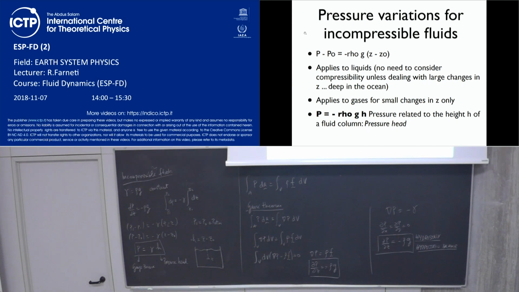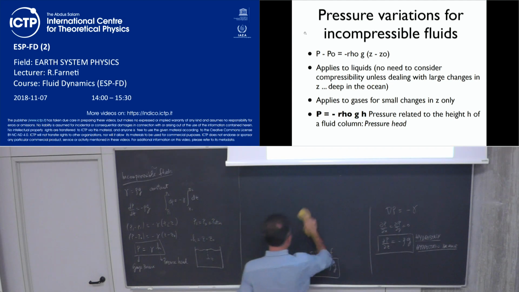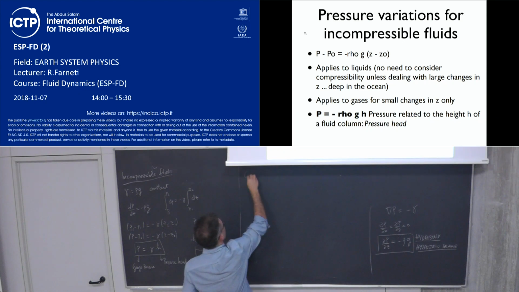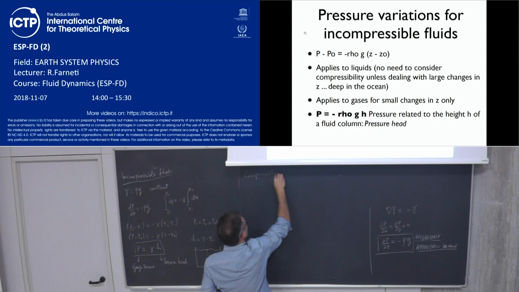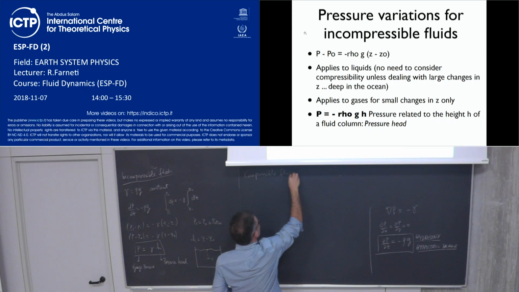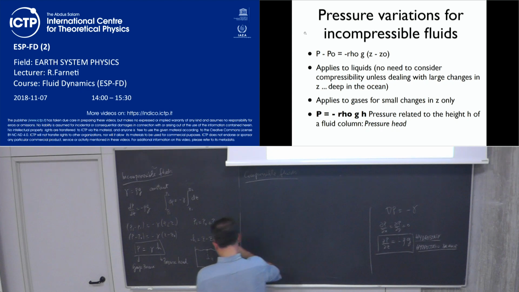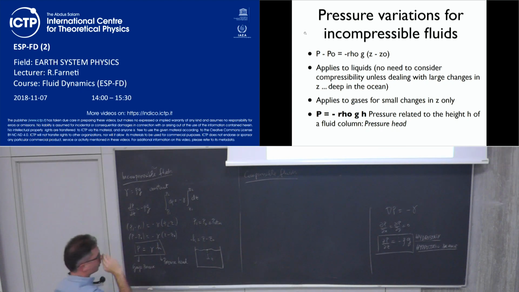Now for compressible fluids. This is good for liquids, for example if you think of the ocean. If you're thinking of the atmosphere, then you have to look at compressible fluids. So now gamma is not going to be a constant anymore.